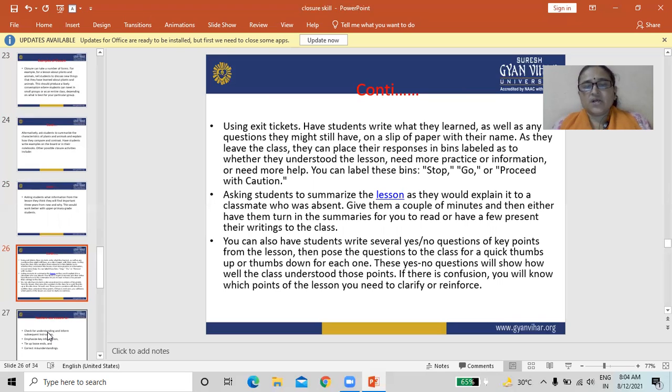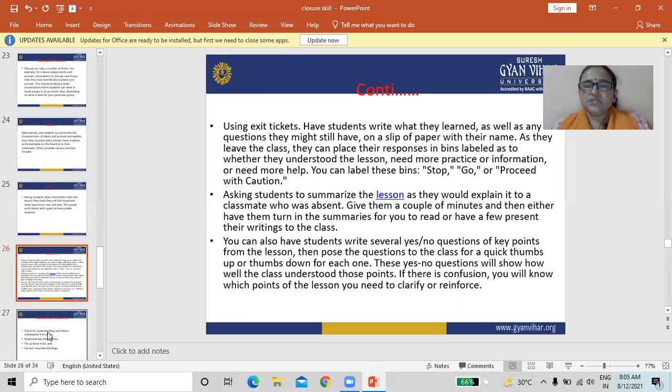You can also have a student write several yes-no questions for key points from the lesson, then pose the questions to the class for a quick thumbs up or thumbs down for each one.